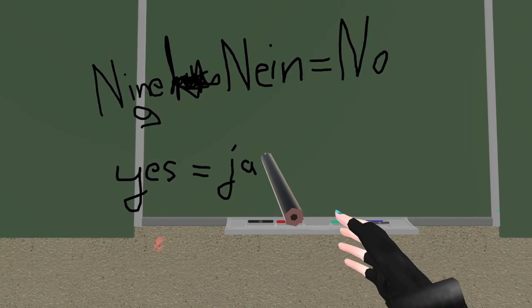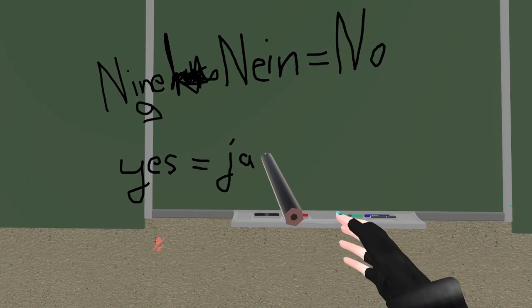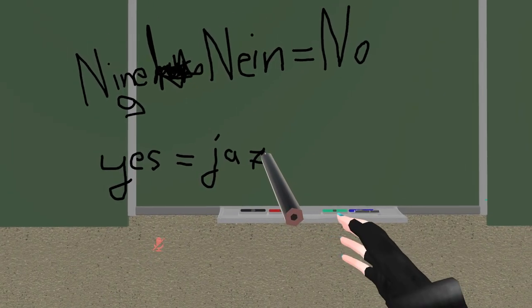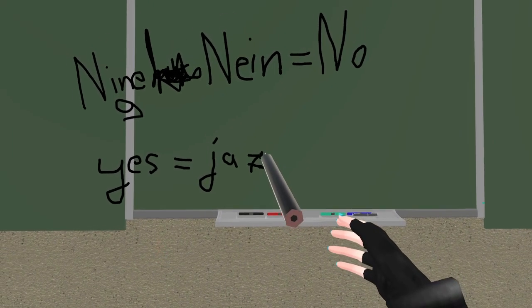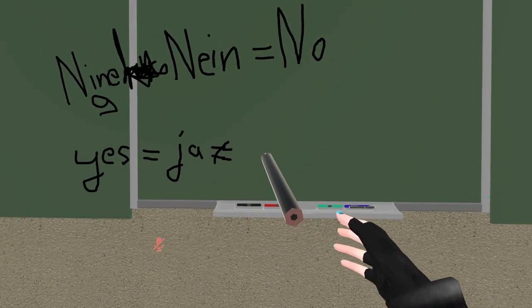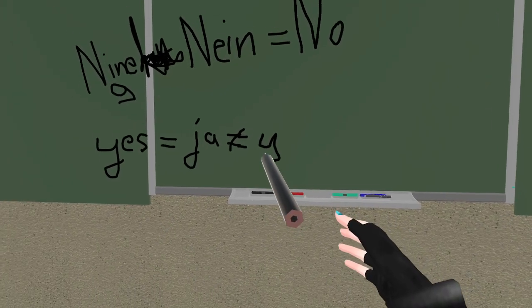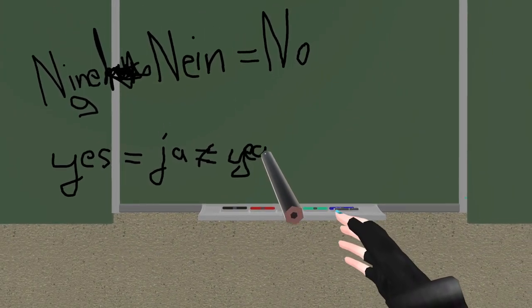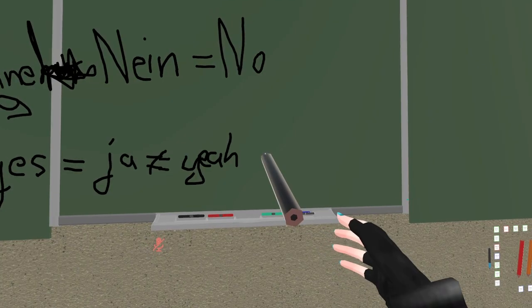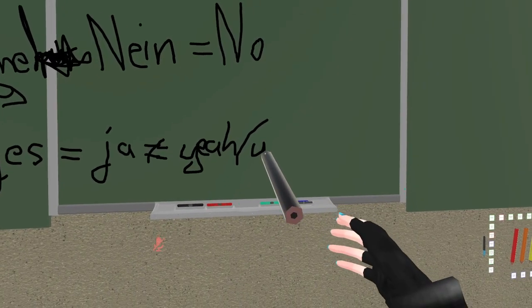It's like a donkey bridge. To learn basic German, the donkey bridge would be kind of a mix between yeah and yes.